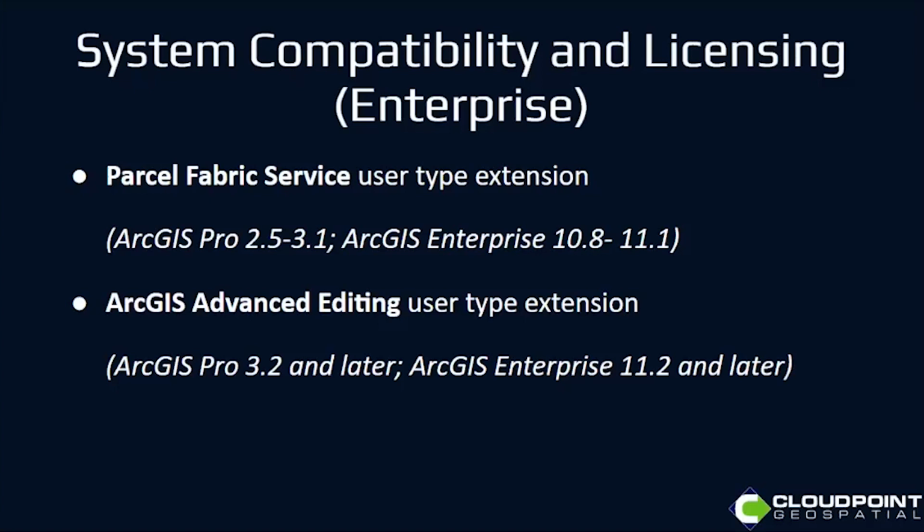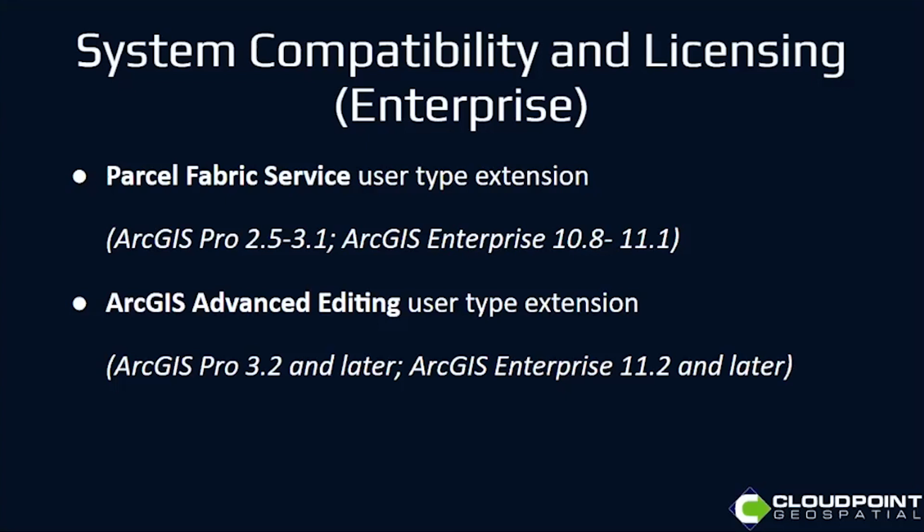So if you are licensing through ArcGIS Enterprise, and you're at Enterprise 2.8 to 11.1, you'll need to have a Parcel Fabric service user type extension. And that comes with your standard or advanced licensing in ArcGIS Pro. So we're talking ArcGIS Pro 2.5 to 3.1 will need to have this type of extension.